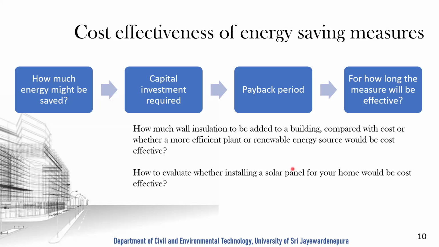And this is something I want to discuss: cost effectiveness of energy saving measures. Cost effectiveness means whether it's effective for the money that we are spending. Let's say one example: you have 10 incandescent bulbs in your house.